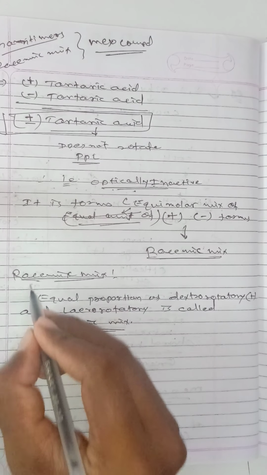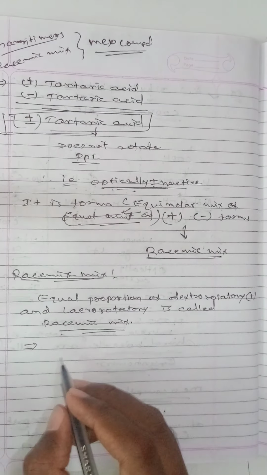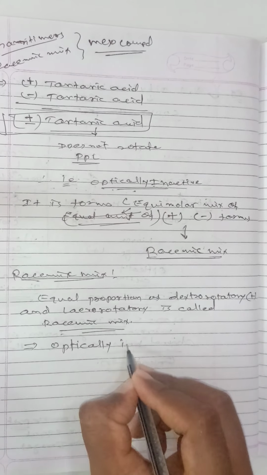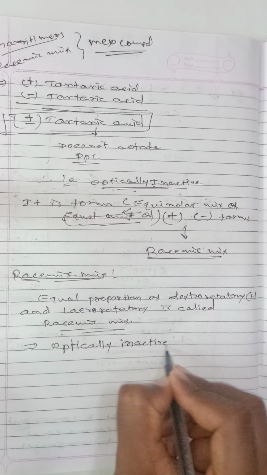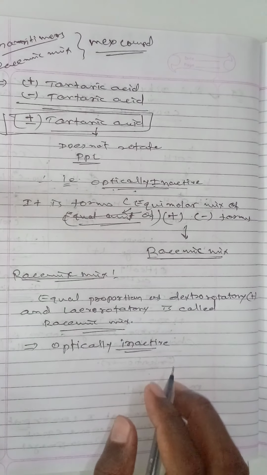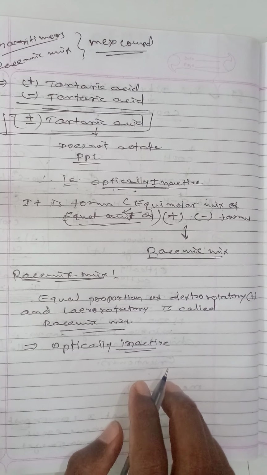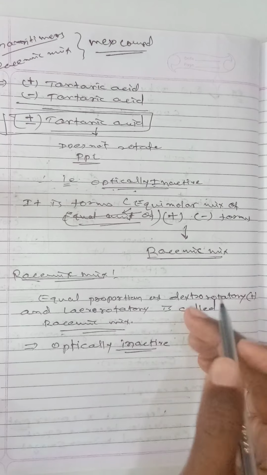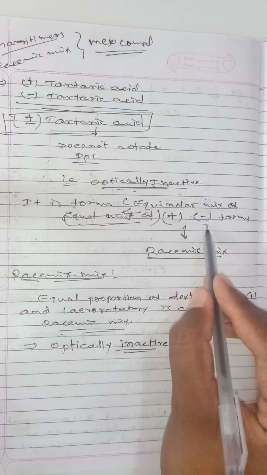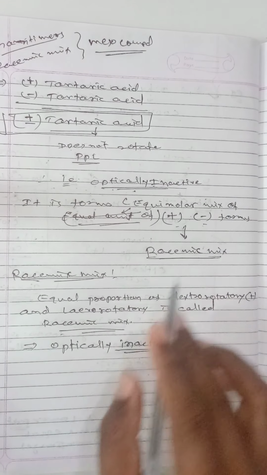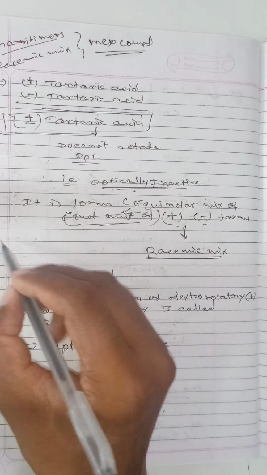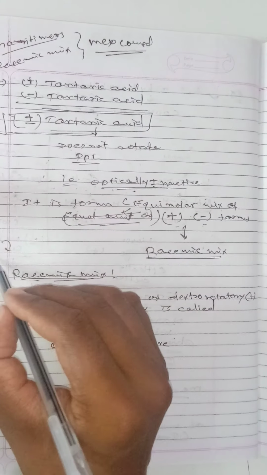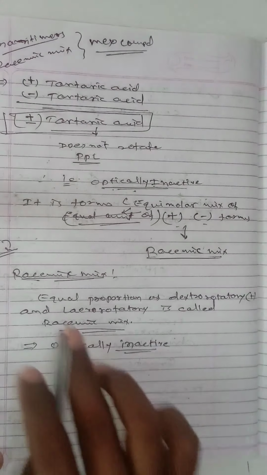So this racemic mixture is optically inactive because the two components rotate the plane of polarized light equally in opposite directions, which cancel out one another.